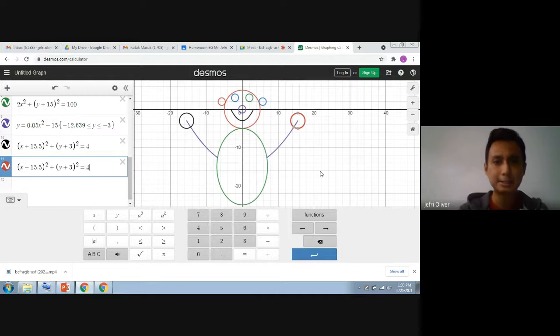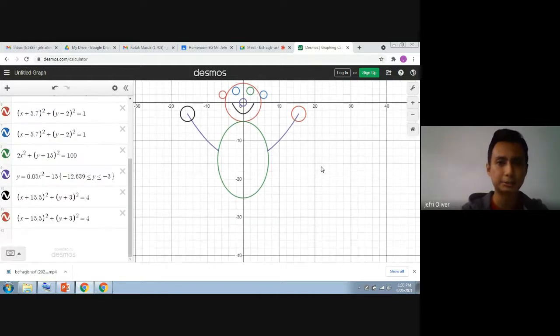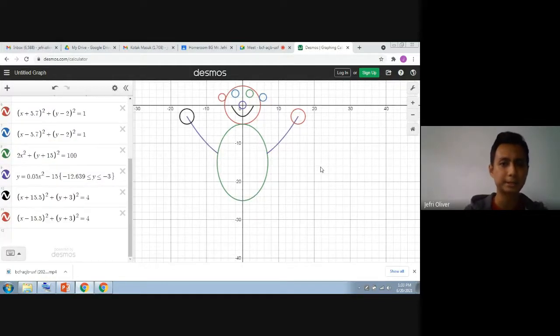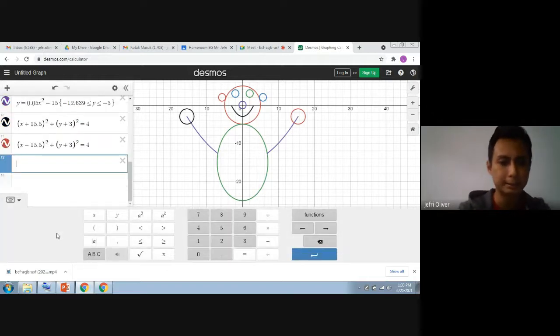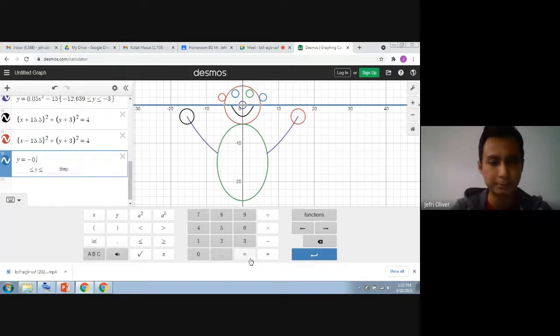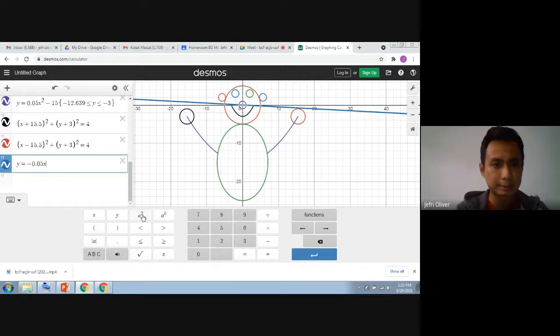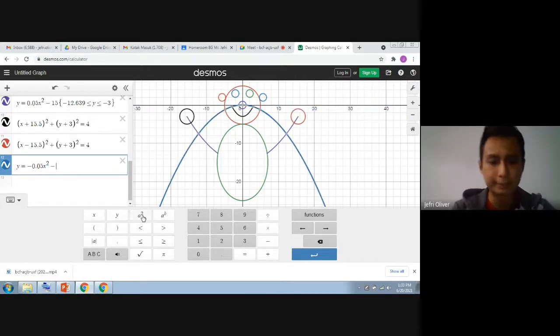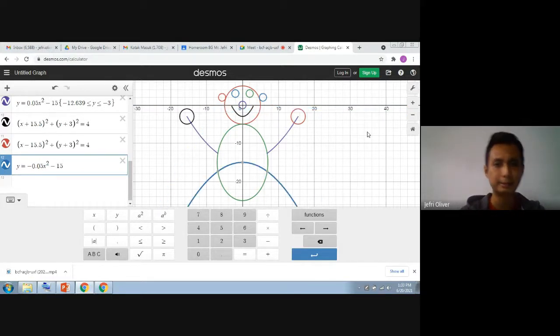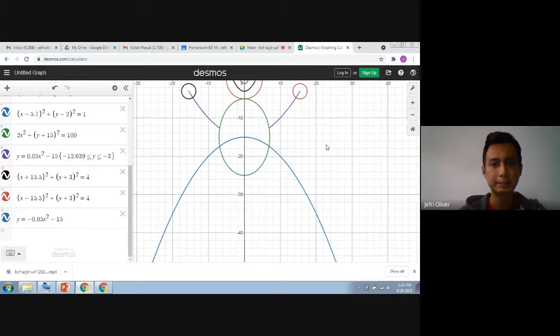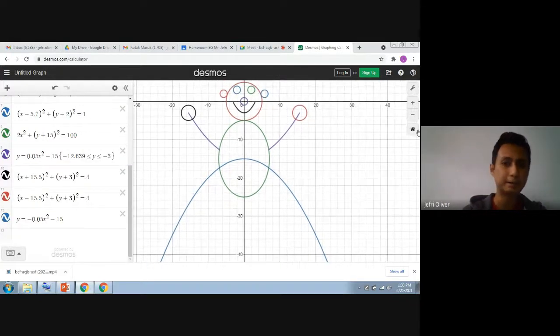And then the last part of this cartoon is the foot. For the foot, I want to make it in the shape of a parabola as well. So the equation of the parabola will be y is equal to negative 0.05 x squared minus 15. Again, we need to restrict the domain or range.